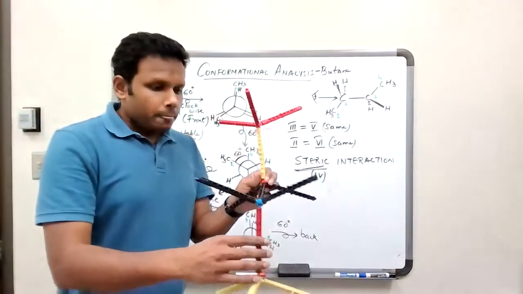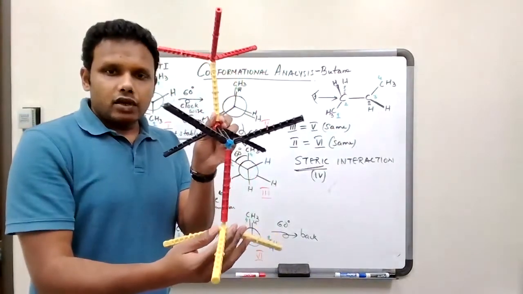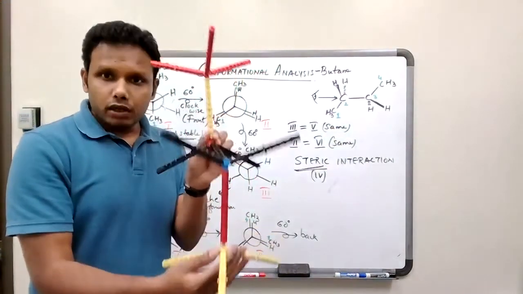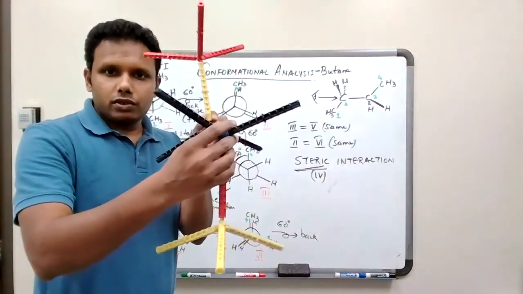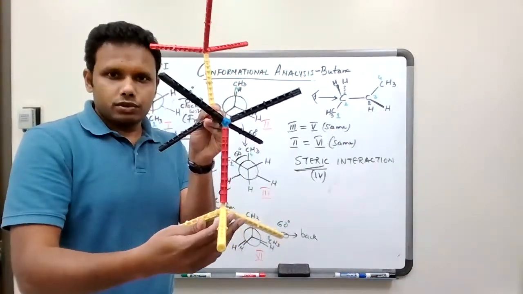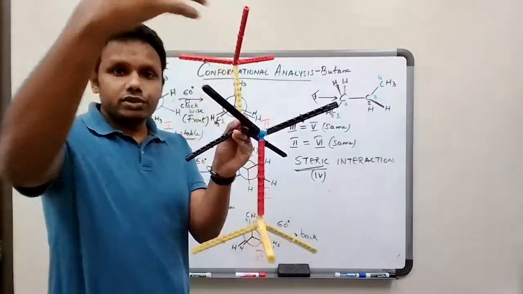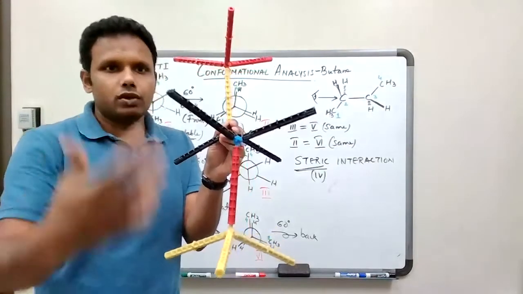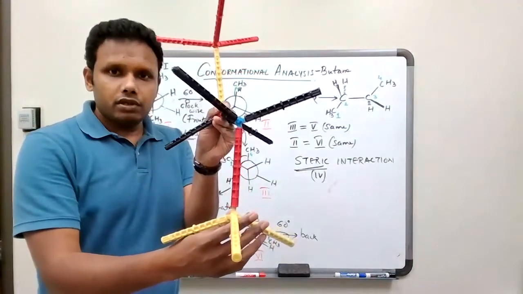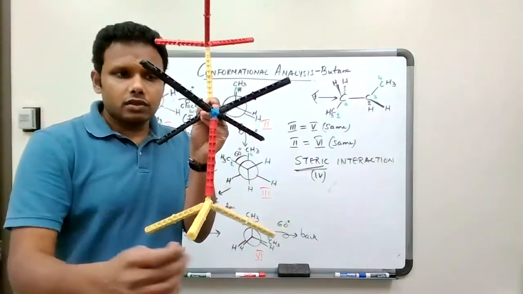Now, when you're at a staggered conformation, the molecule is happy, but that doesn't mean that the molecule does not rotate. It does rotate. As the groups get bulkier, the molecule would have a hesitation to rotate. It's not going to rotate as much. But for something like this, the molecule still rotates.